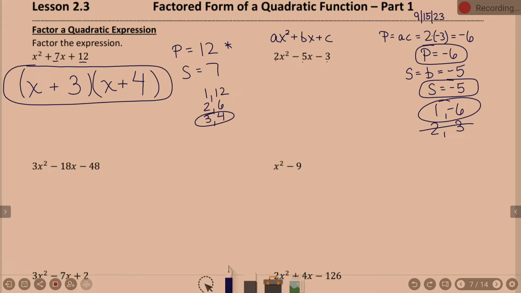Okay? We have to have a plan B. So, what we're going to do is take this 1 and negative 6, and use them to split our middle term. You can either split that negative 5x into 1x minus 6x, or negative 6x plus 1x. It doesn't matter which you put first.